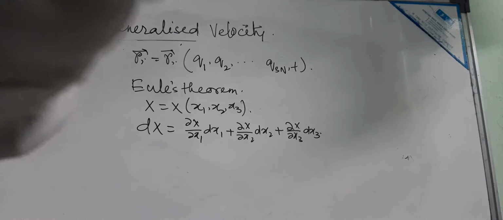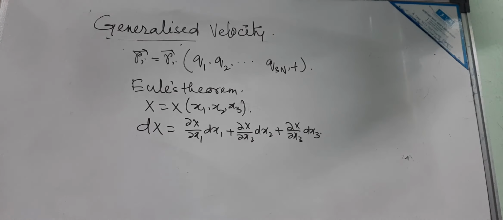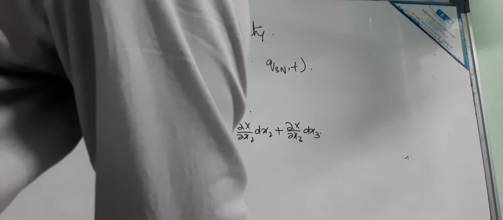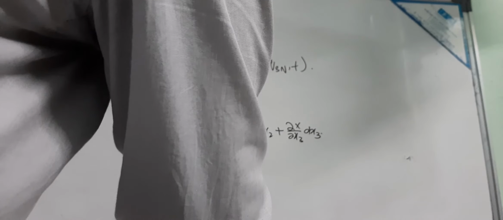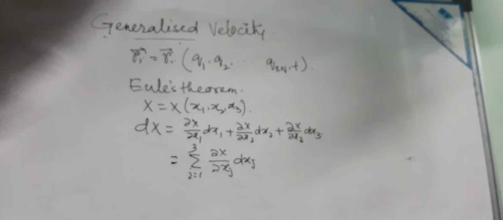In terms of partial derivatives, del x by del x1 keeping x2, x3 constant into dx1, plus del x by del x2 keeping x1, x3 constant into dx2, plus del x by del x3 keeping x1, x2 constant into dx3. Therefore this is written as the summation over j from 1 to 3 of del x by del xj into dxj.